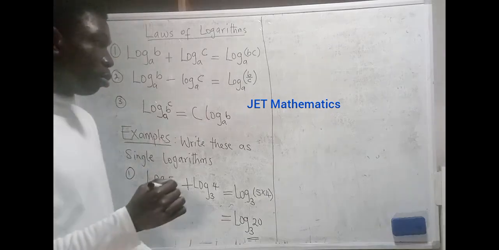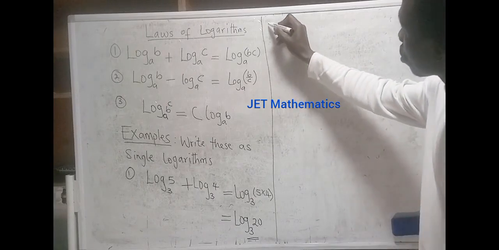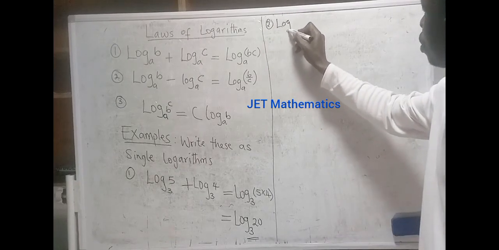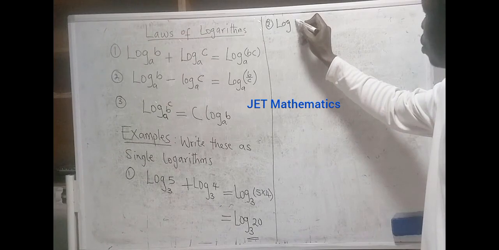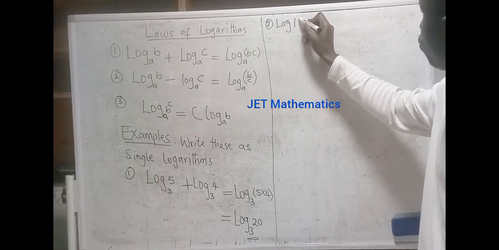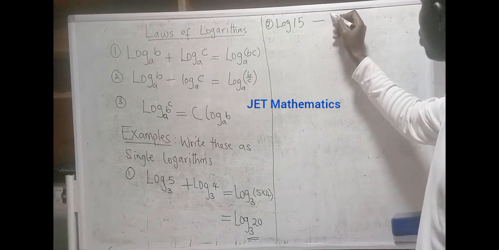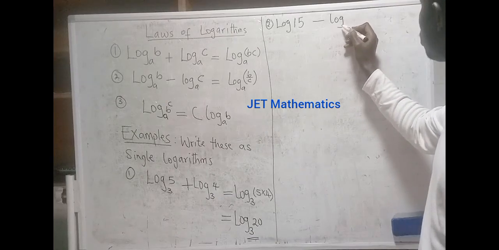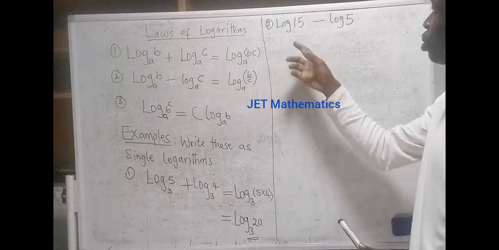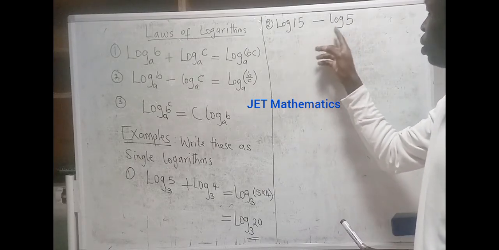So let's take another example. Suppose we have number 2, log 15 minus log 5. Now, in this question, you discover that I did not write the base.